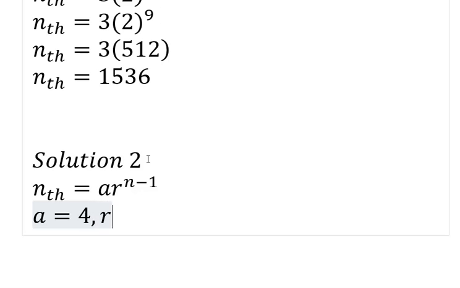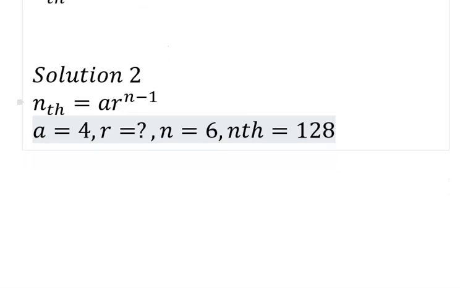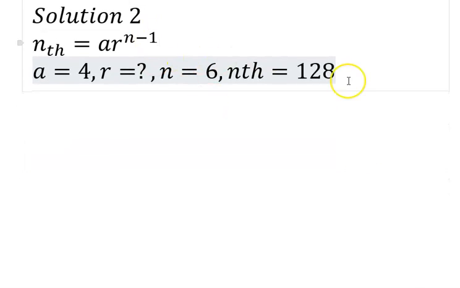We are not given common ratio. We don't know. We are given number of terms to be 6. And we are given our nth term to be 128. Beautiful. Now, with all these parameters, we can insert it into our formula and get our common ratio. Then we can now answer the question that they're asking from us. So let's quickly do that.